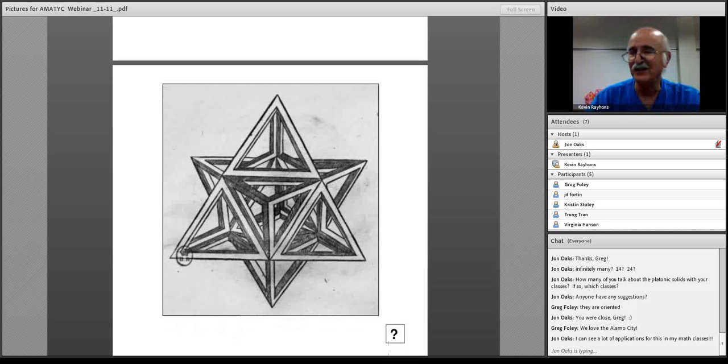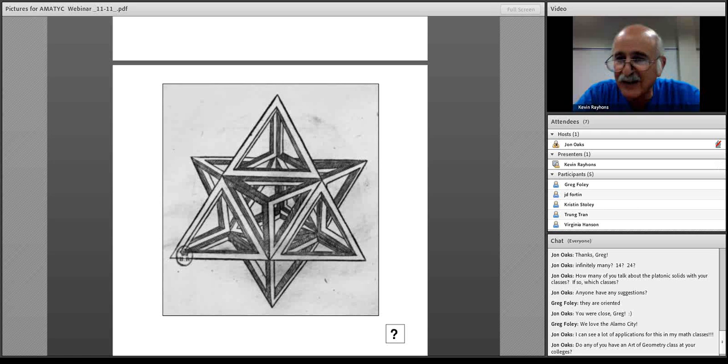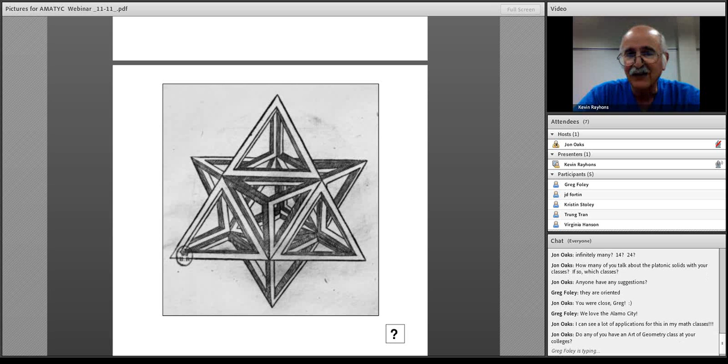Anybody want to venture a guess as to who this very famous artist might be? Let's see if anybody types something. This is in the Renaissance. The drawing was made in 1497. That's 5 years after Columbus sailed the ocean blue.